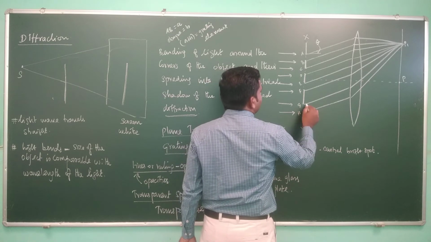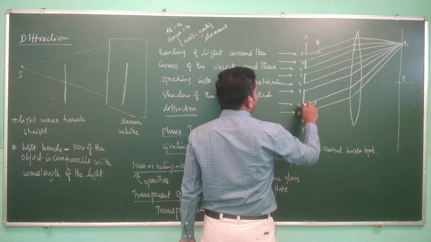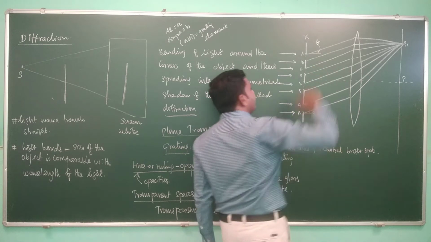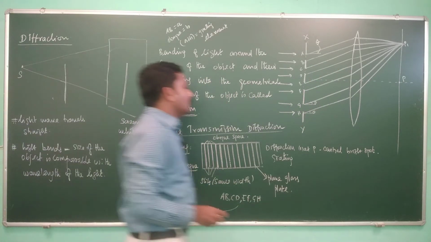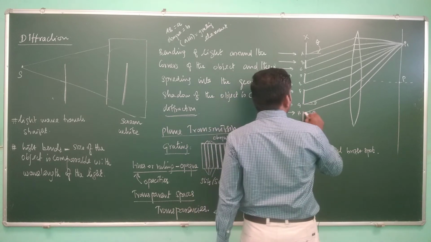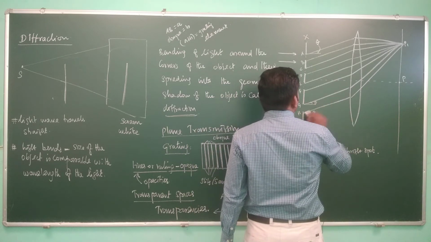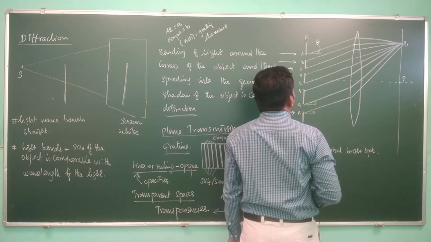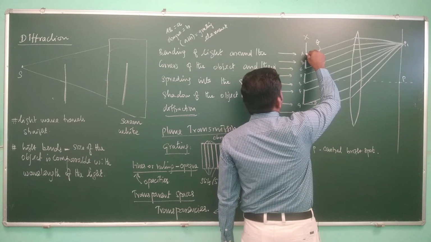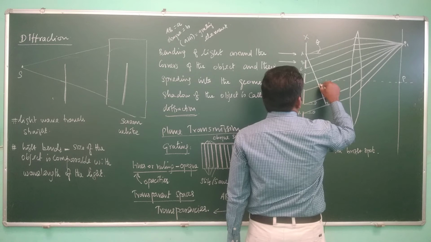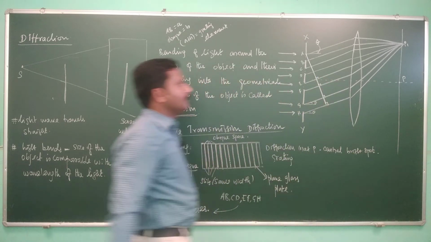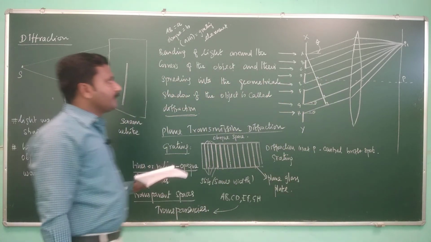From all edges, the light rays deviate with the constant angle theta. That is one case that we have considered. Now if you draw the normal to the path of the deviating, diffracted light wave, this is the normal to every light ray.